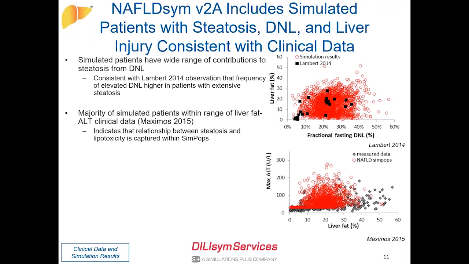On the bottom is the relationship between liver fat and ALT, which allows us to get a sense of where lipotoxicity begins to manifest relative to the presence of liver fat, i.e., steatosis and lipotoxicity relationships. And again, in both data sets, you can see that the SimPops does a great job of capturing virtually the whole range to varying degrees.